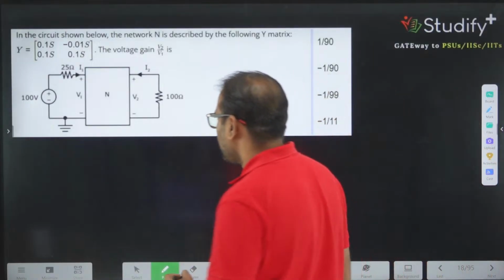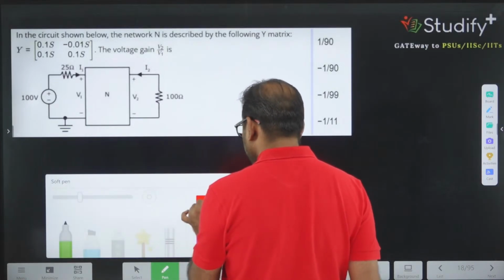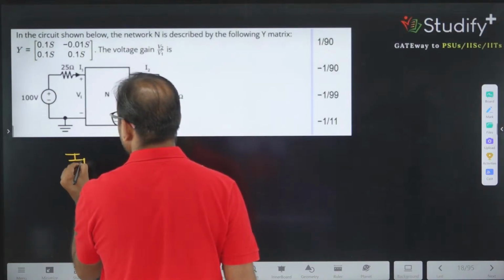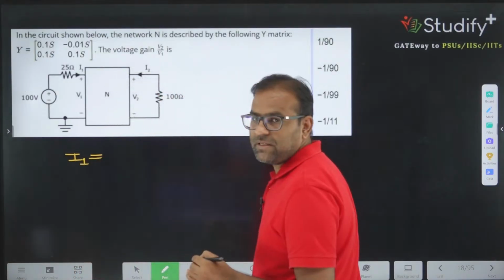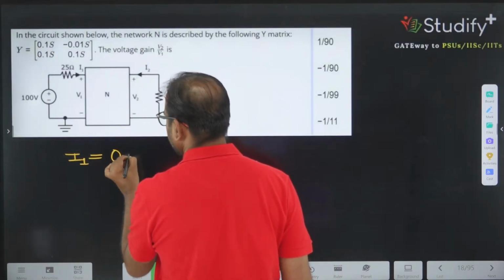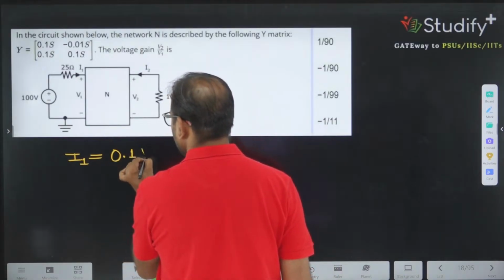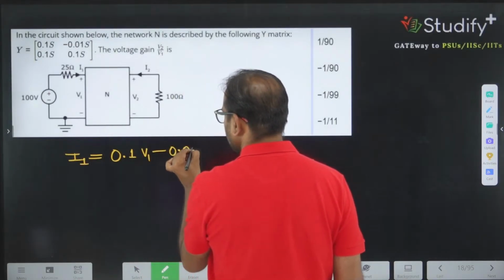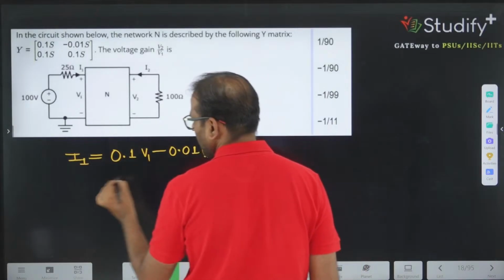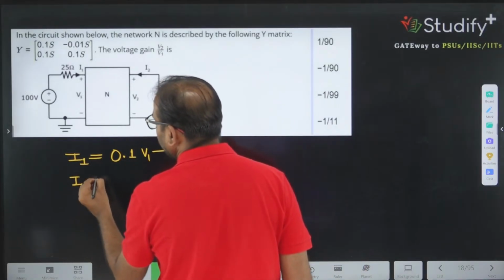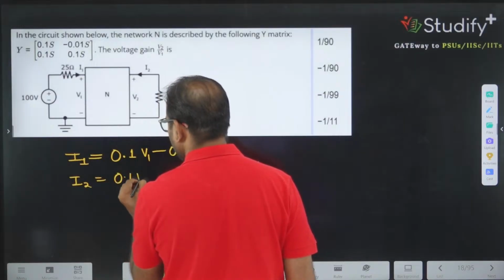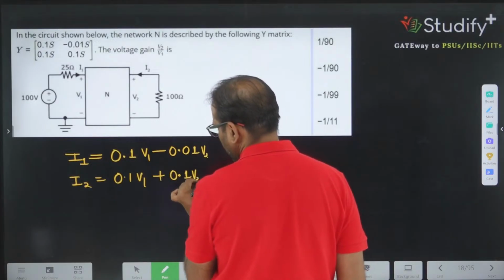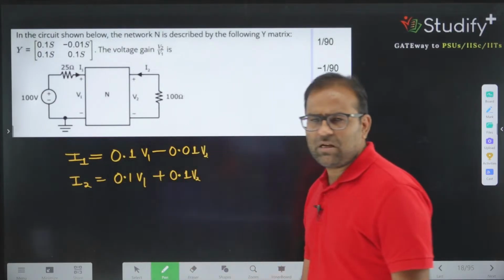So Y matrix is a well-defined matrix, and what they are saying is that I1 is equivalent to 0.1 V1 minus 0.01 V2, and I2 is 0.1 V1 plus 0.1 V2. This is the Y parameter given.